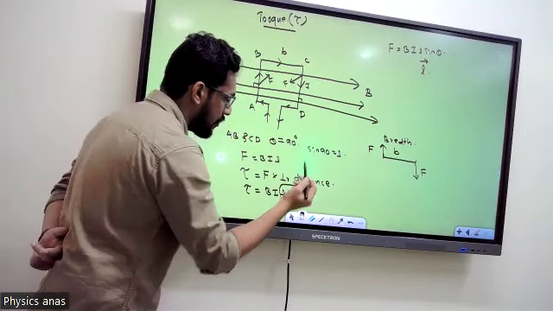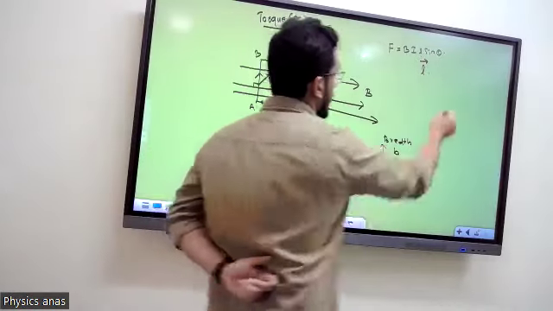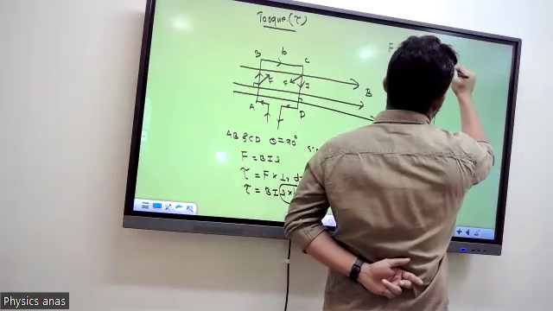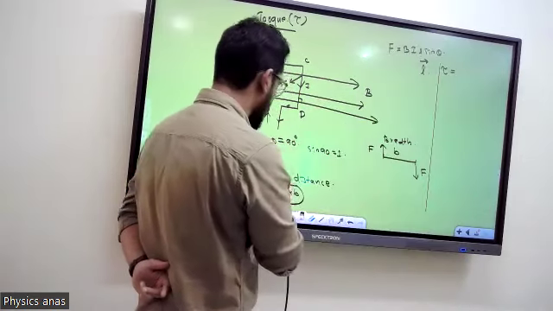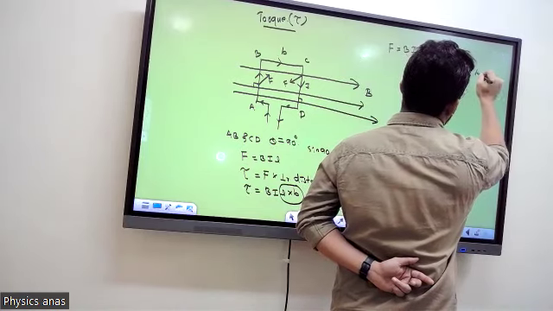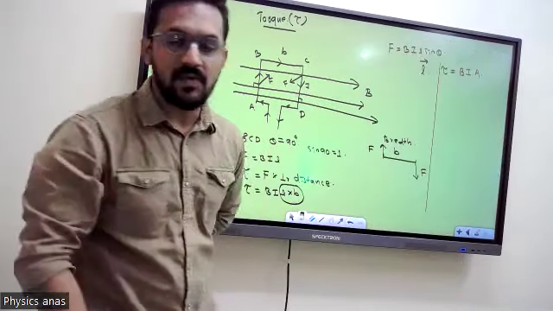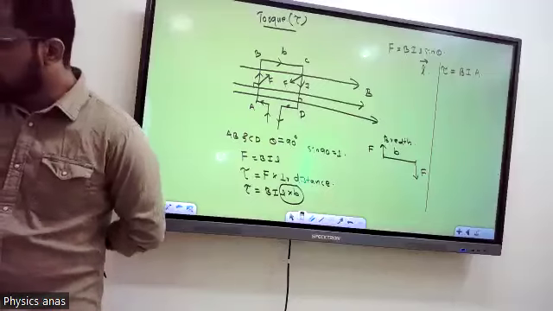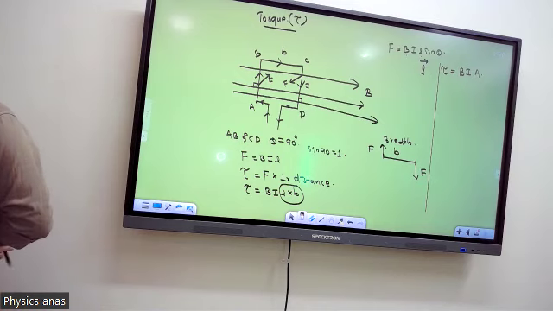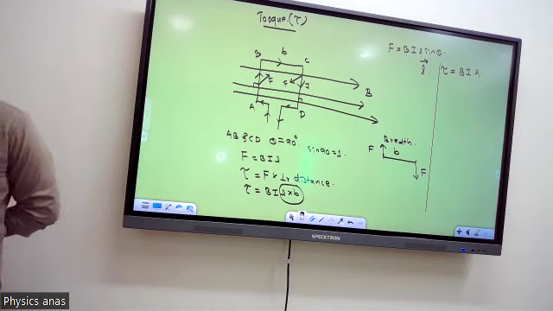What is L into b? Length into breadth, that is the area. So tau is equal to BIA. What is the equation of torque? Torque is BIA.